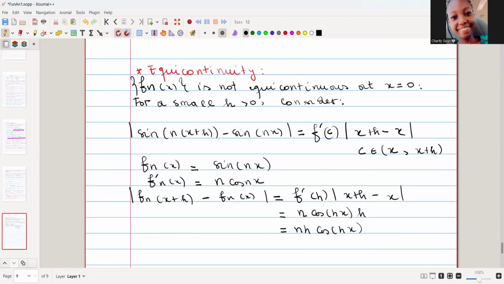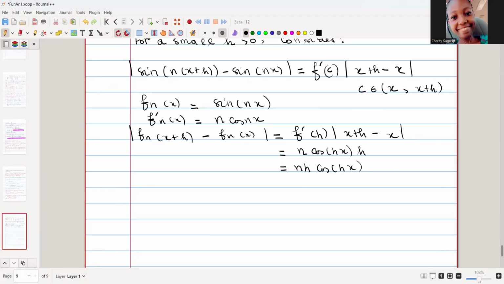Now, if we take x equal to 0, we have sine of nh minus sine of 0, equal to sine of nh.